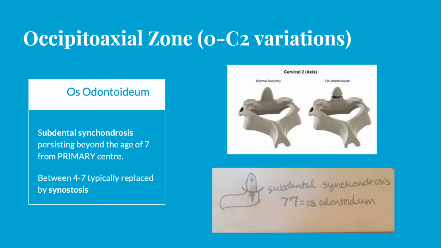Those are typically going to be replaced between ages 4 and 7. So you should definitely know that subdental synchondrosis, know that it's going to be lower down on the dens, and note that if it persists beyond the age of 7, it's then called an os odontoideum. Those are a few key points to recognize about that.